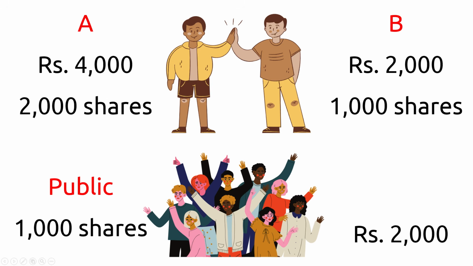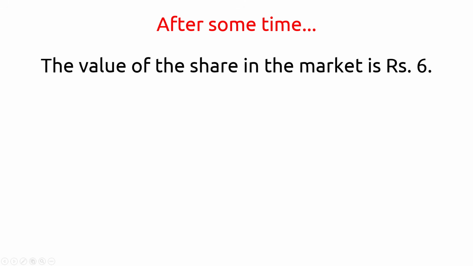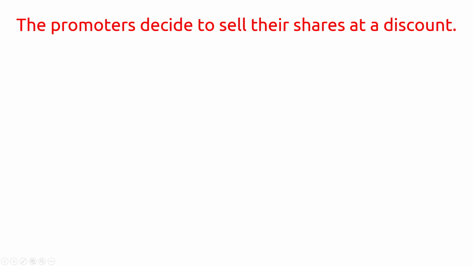Now let us say that the company starts working, and after some time, due to profits, the value of each share in the market rises to 6 rupees. Now, the promoters decide to sell their personal shares. We have two promoters, right?